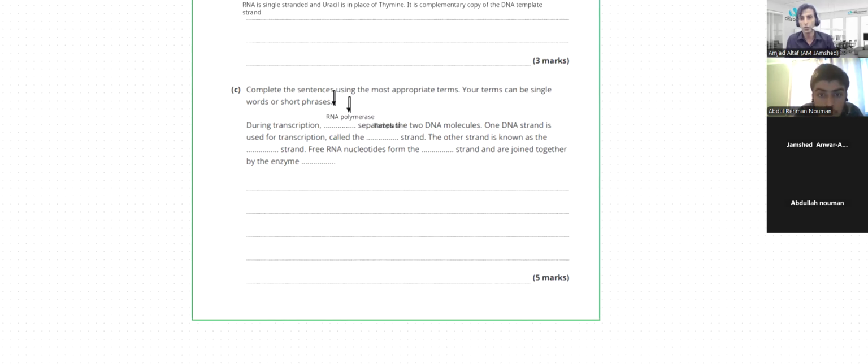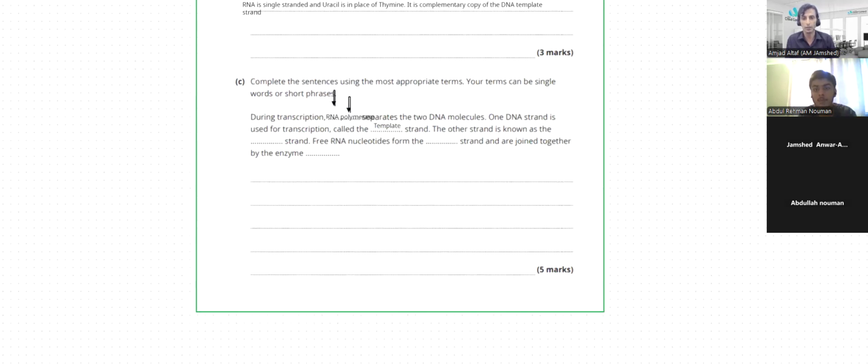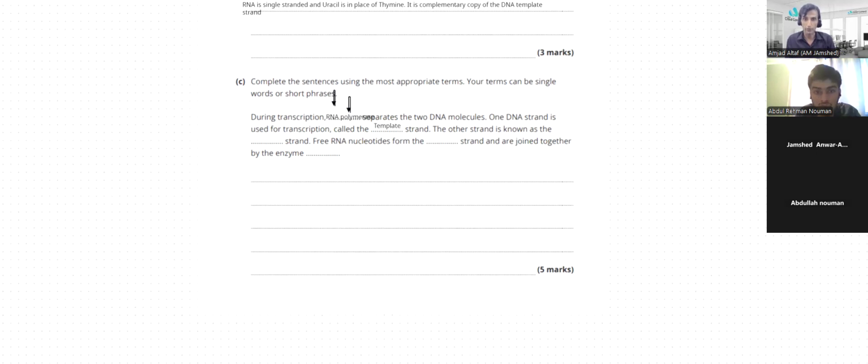It's for transcription, right? The process that synthesizes RNA from the DNA template. That's not replication. This is what we always talk about in replication, right? RNA nucleotides form the strand. The antisense strand.